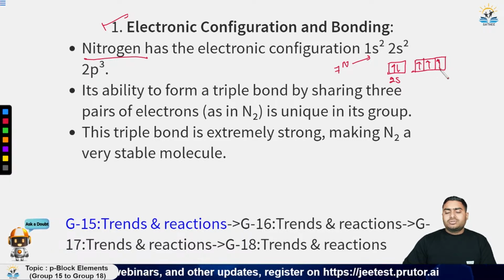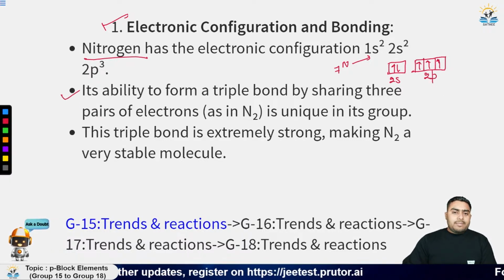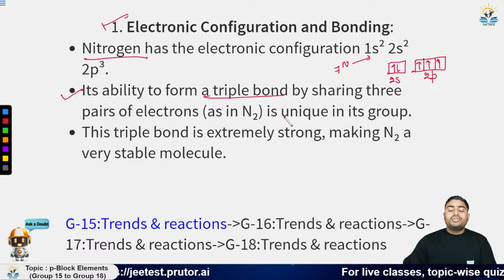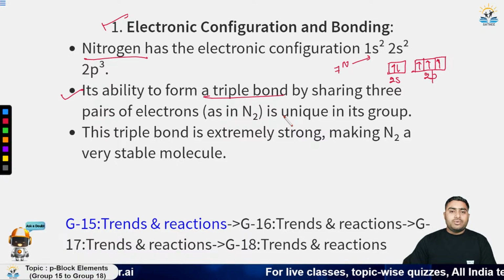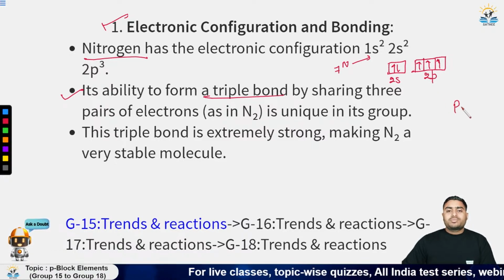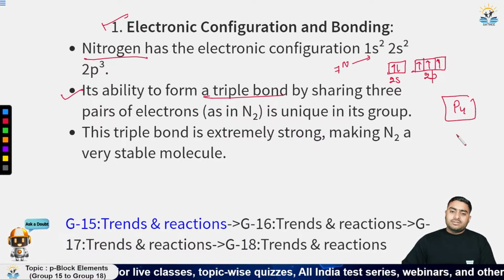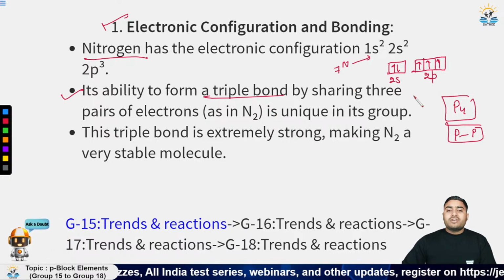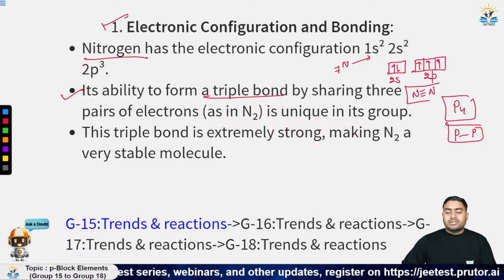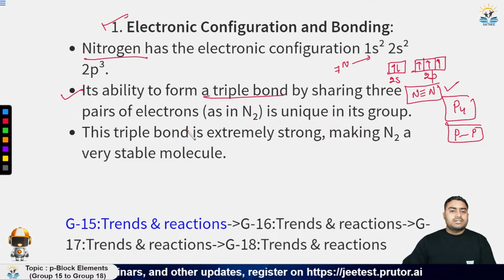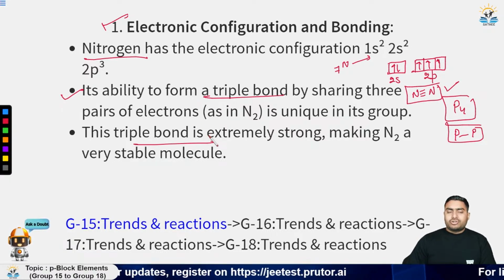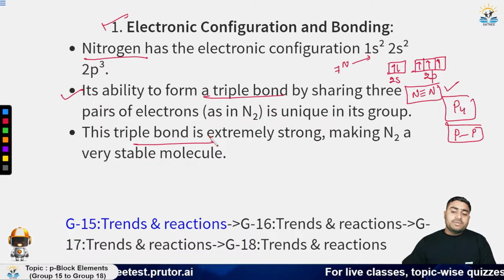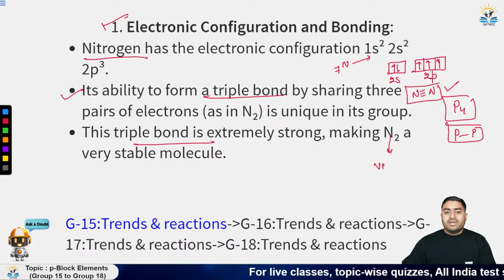Its ability to form a triple bond by sharing 3 pairs of electrons as in N2 is very unique in its group, because phosphorus forms P4 with single bonds. So nitrogen can form N triple bond N. The triple bond is extremely strong, and that's why nitrogen is a very stable molecule. That means it is very inert in nature.